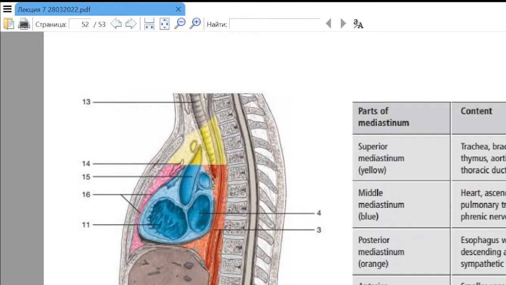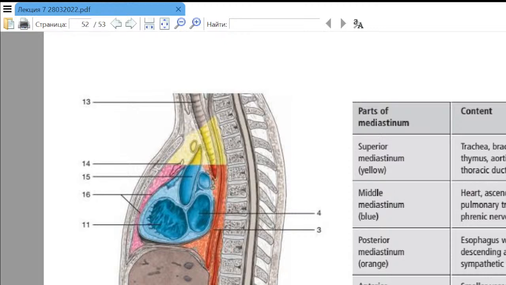In the superior mediastinum are located the trachea, brachiocephalic vein, thymus, aortic arch, esophagus, thoracic duct. In the middle mediastinum are located the heart, ascending aorta, pulmonary trunk, pulmonary veins, phrenic nerve.